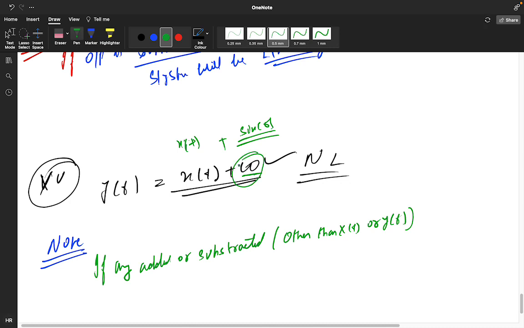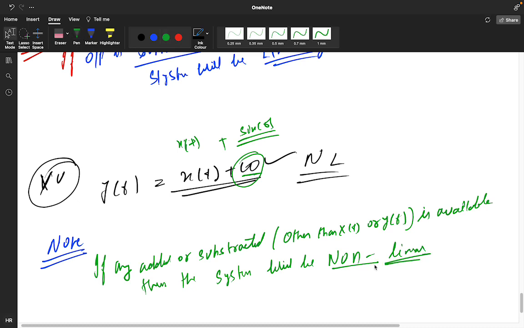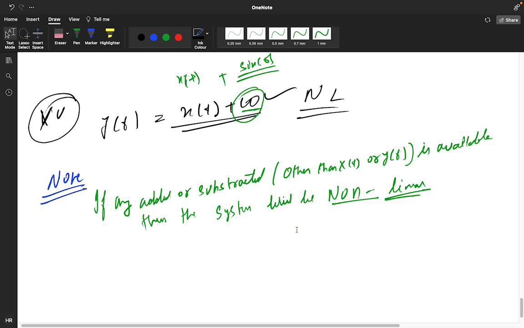It is other than. Okay, if something other than x of t or y of t is available, then the system will be non-linear. Right? Then your system will be non-linear.